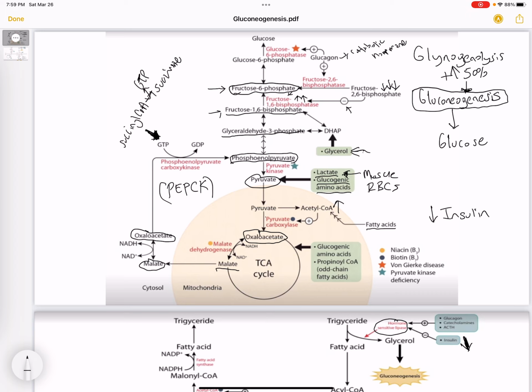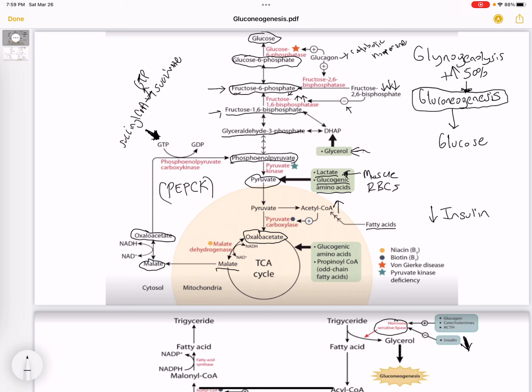After this conversion, we can then convert fructose 6-phosphate into glucose 6-phosphate over here, and then glucose 6-phosphate can be converted into glucose with the help of the enzyme glucose 6-phosphatase.